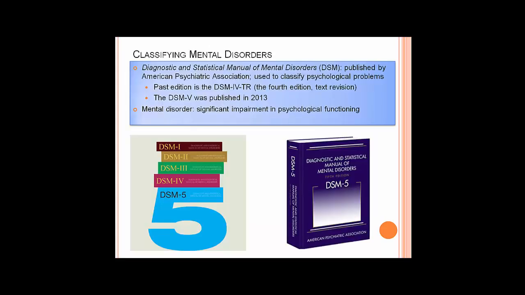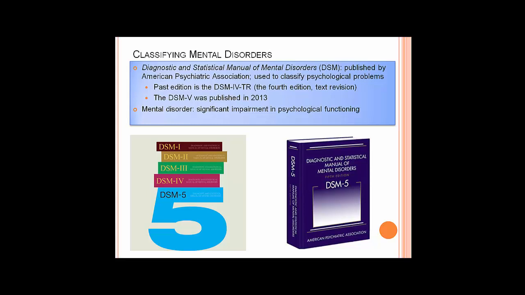How do we classify mental disorders? And if you can see, there's the DSM-5 there on the right. We have gone through the 5 so far, and each one has had revisions. So I started in DSM-3R. Then it went on to DSM-4, DSM-4R. Now we're in DSM-5.